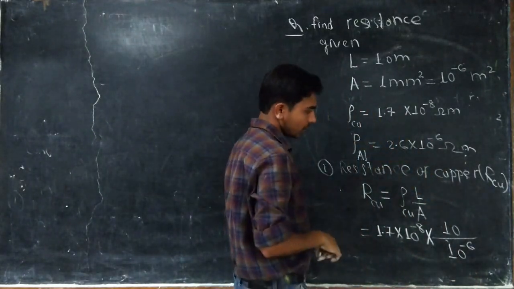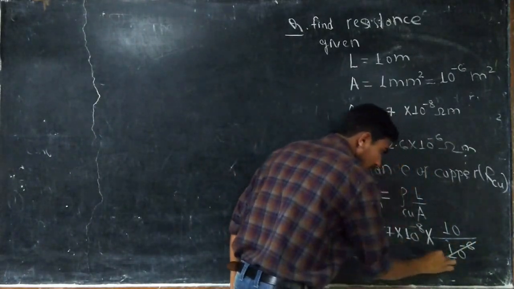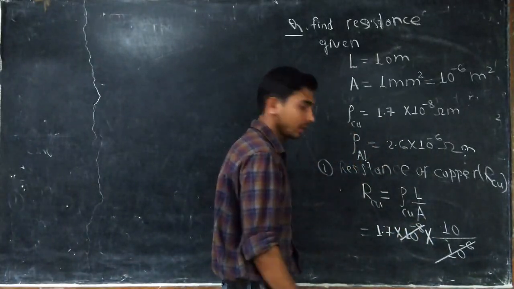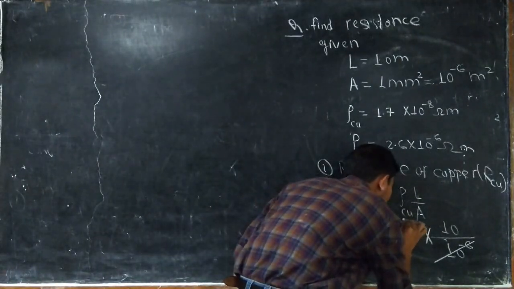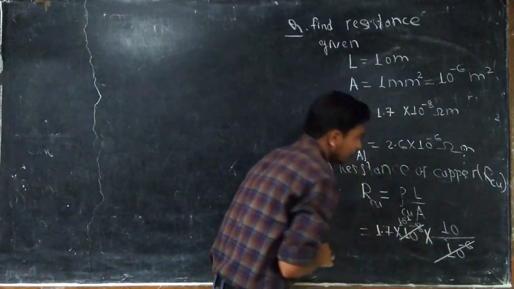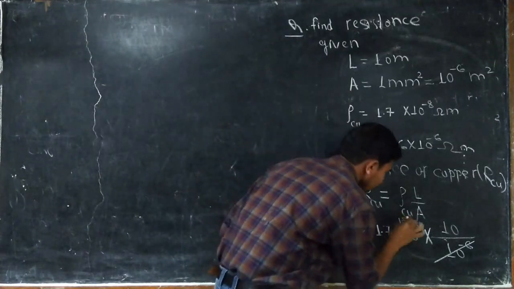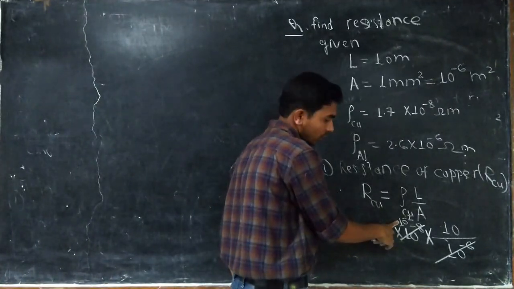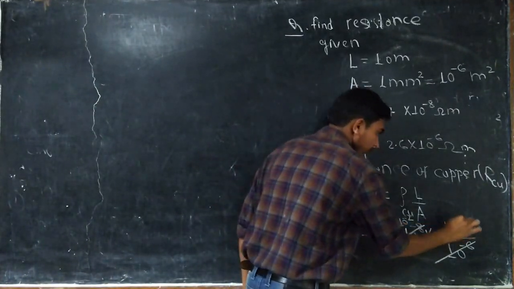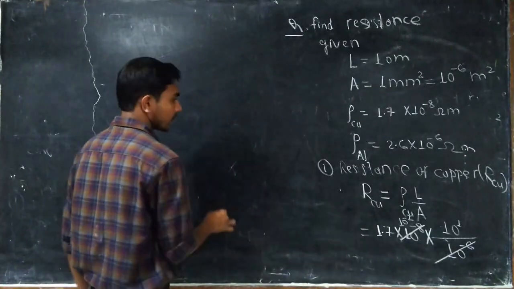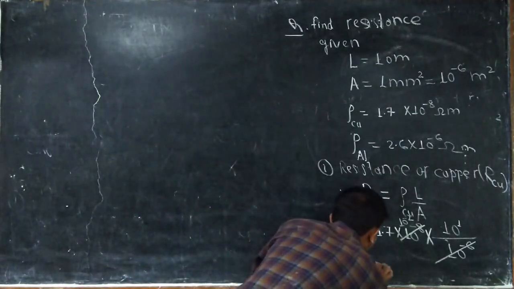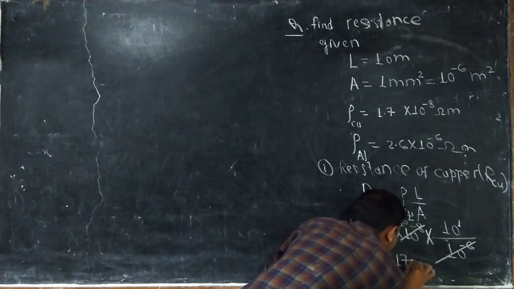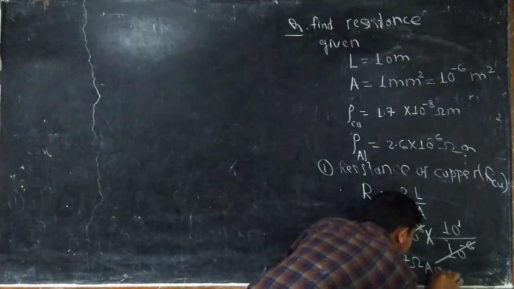Here you can see this is 10 to the power minus 6 and this is 10 to the power minus 8, so it becomes 10 to the power minus 2, 10 to the power minus 2 and 10 to the power plus 1. If you solve it, the value will come 1.7 ohm. So this is your answer.